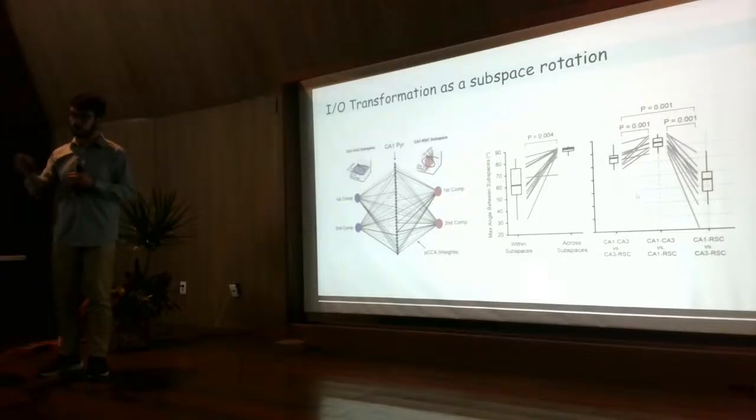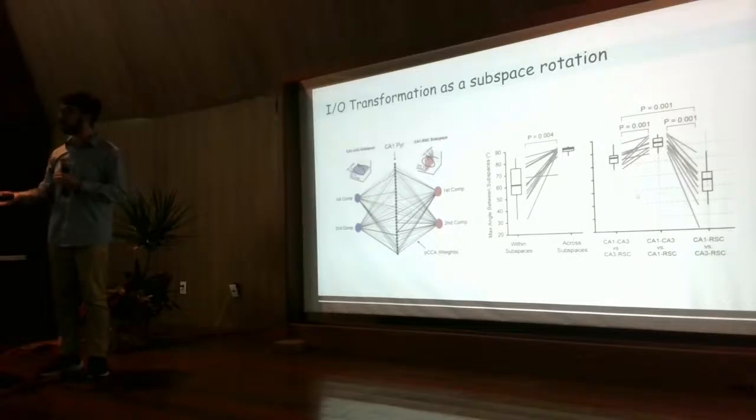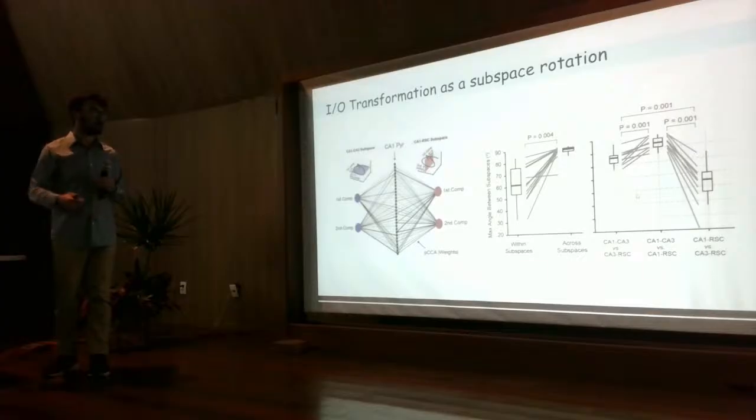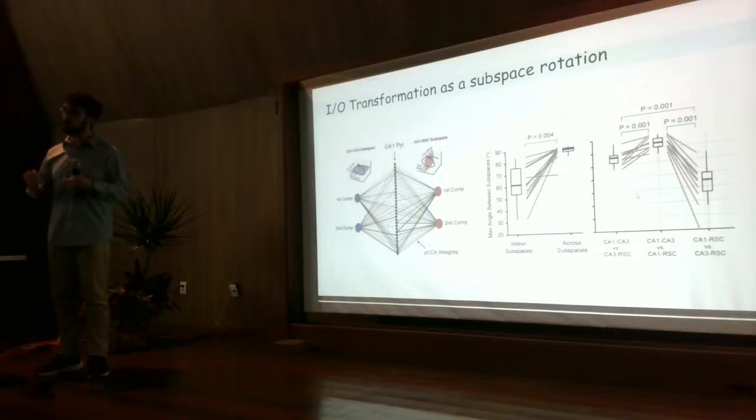Maybe when you are thinking about computation, you're thinking pattern completion, pattern separation. In that sense, you also see that CA1 shows a larger dimensionality, so in principle it would be able to separate more patterns, and that may be related to the kind of computations.